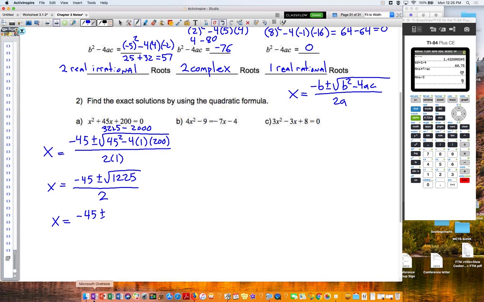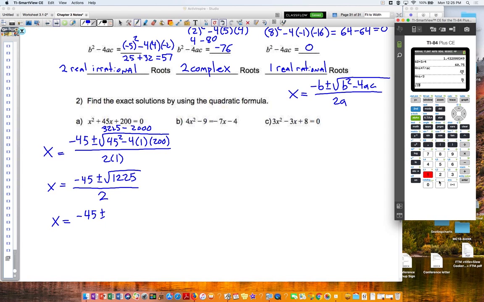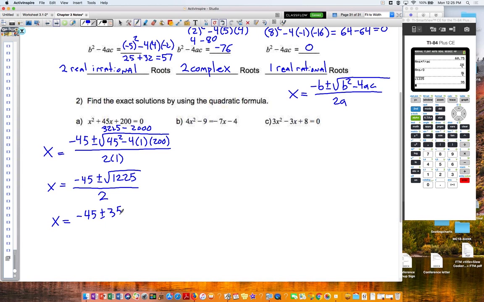If you want to check it out, square root of 1225, look at that, you get 35 all over 2. So -45 plus 35 is -10. Negative 10 divided by 2 is negative 5, or x equals negative 45 minus 35 is negative 80 divided by 2, we get negative 40.